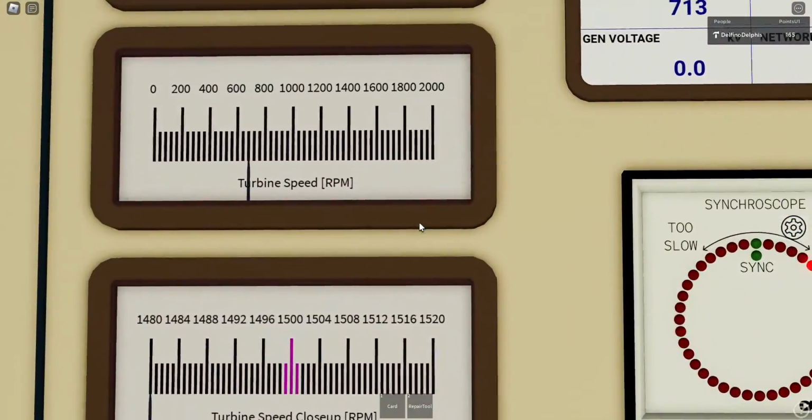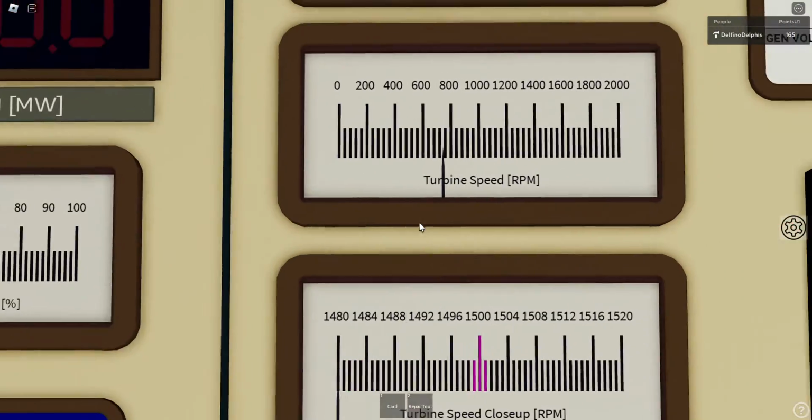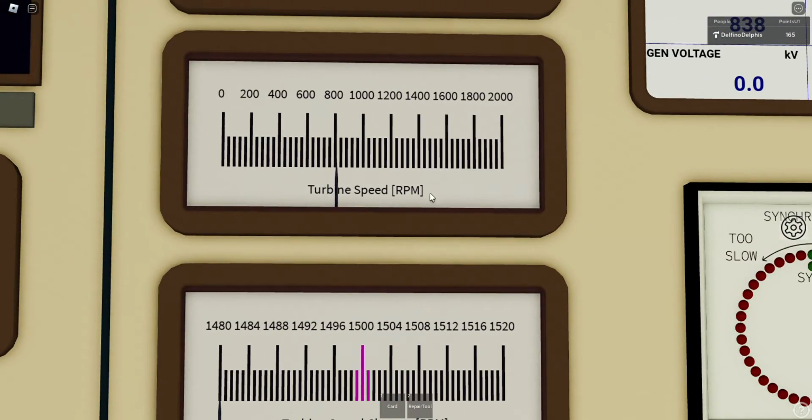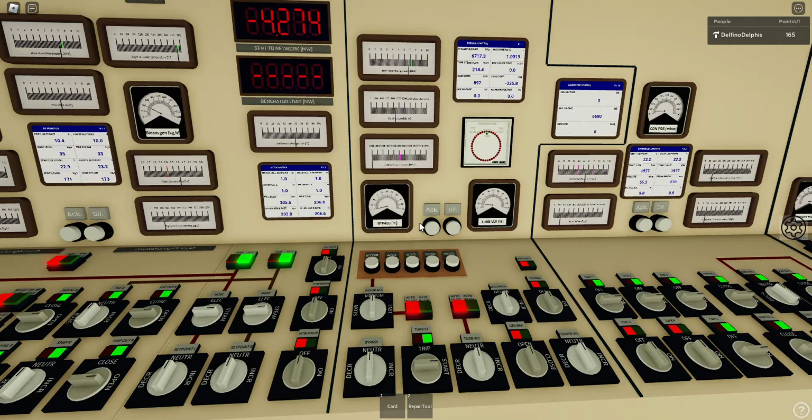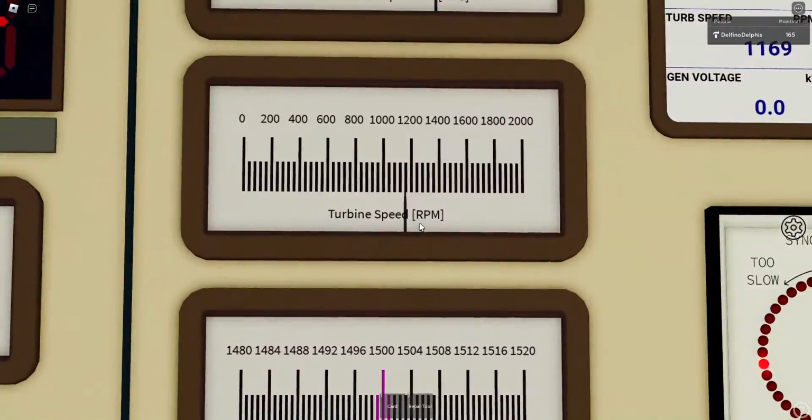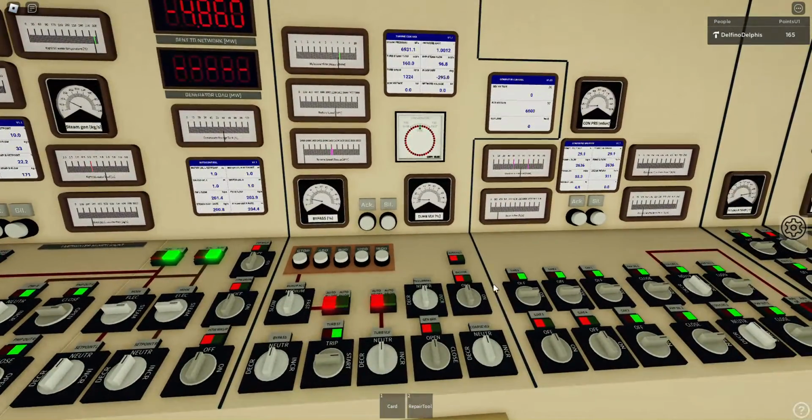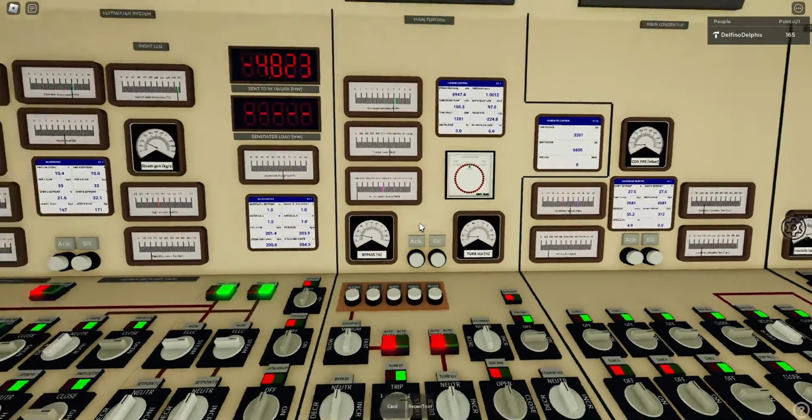And the synchronization RPM for this plant is 1500. Okay, this is happening a little too quick. I will need some of the bypass. And this is when I also enable the exciter.